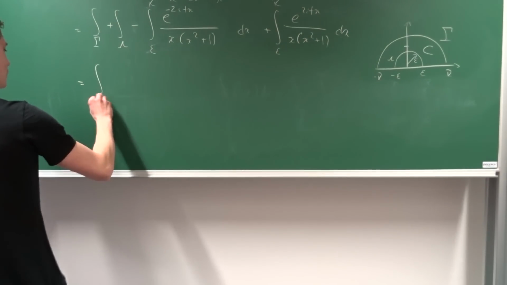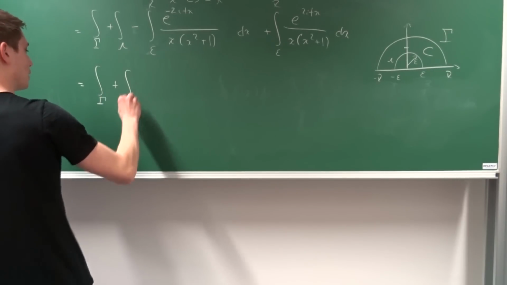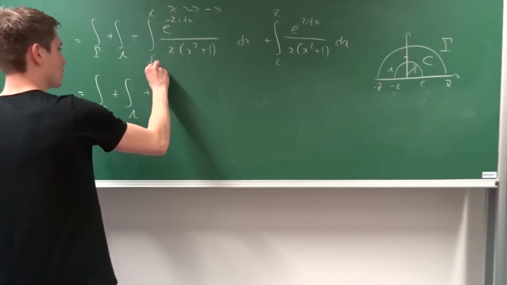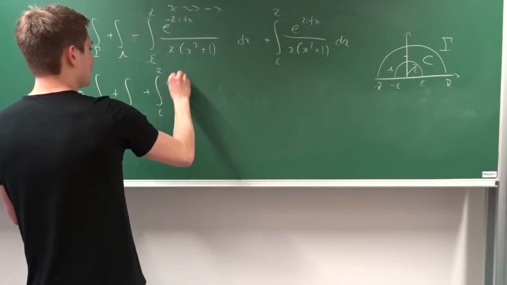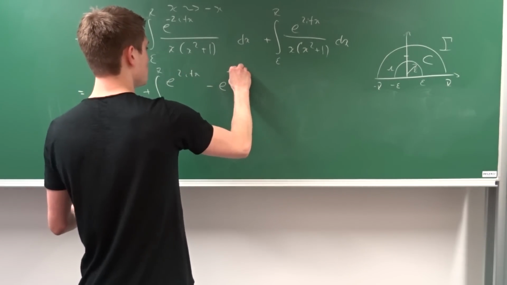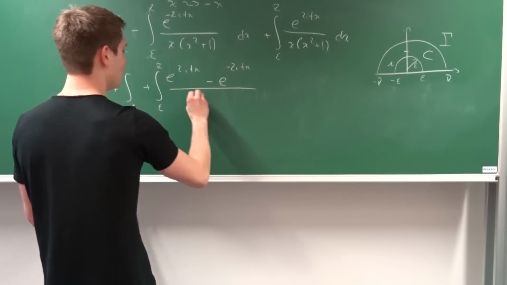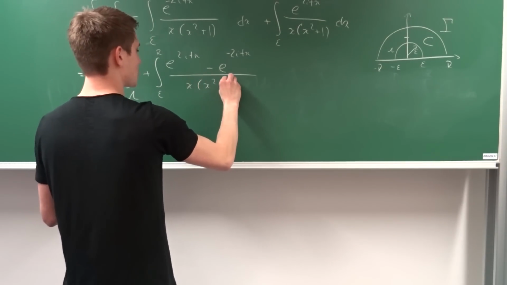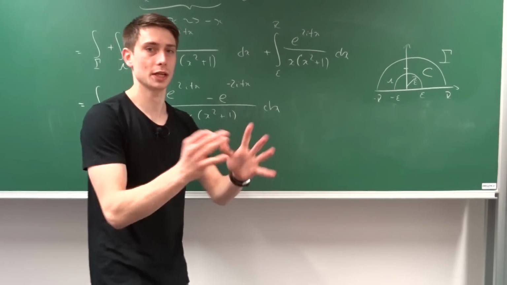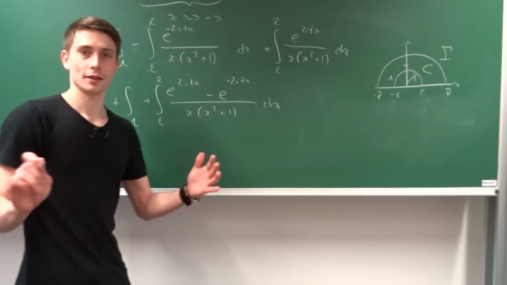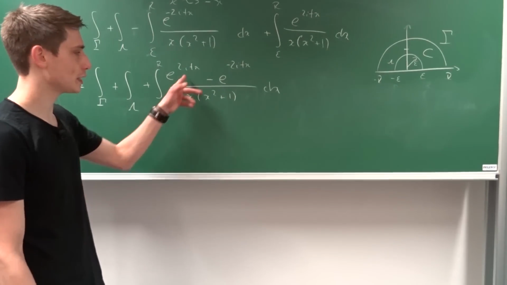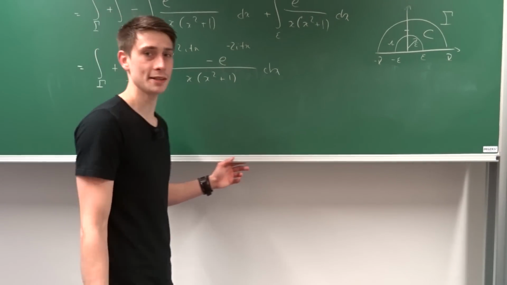So now we have our integral and our next integral. And also we have positive the integral from epsilon to r of e to the 2 I t times x, negative e to the minus 2 I t times x over x, x squared plus 1 dx. So we have the same denominator, so we can easily bring them together. That's absolutely nice, because you might notice something. This right here nearly looks like our sine and exponential form.